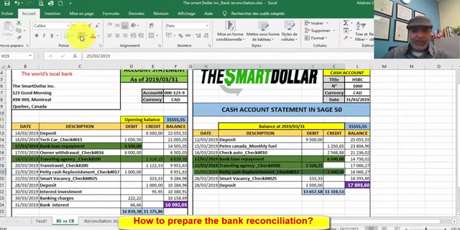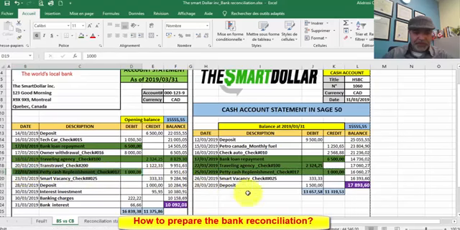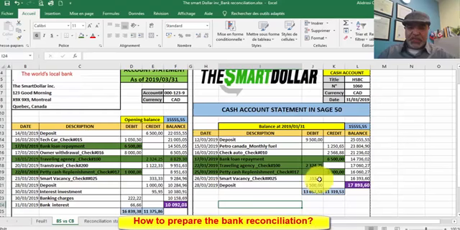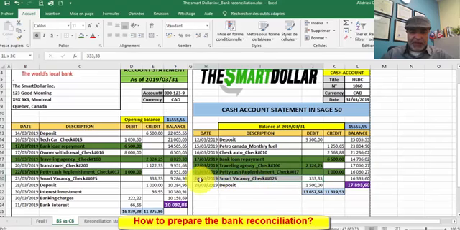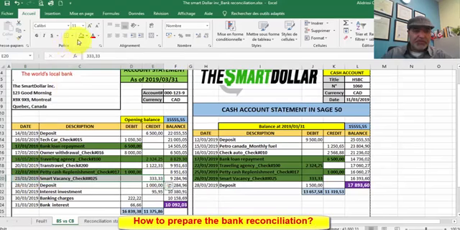We will highlight it by green color. Good. What else? This smart vacancy check. Our customer paid us by check number 25, so it was recorded in our cash account and also mentioned and displayed in bank statements. No problem with those amounts.